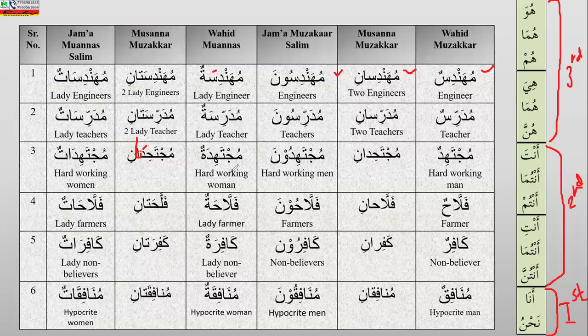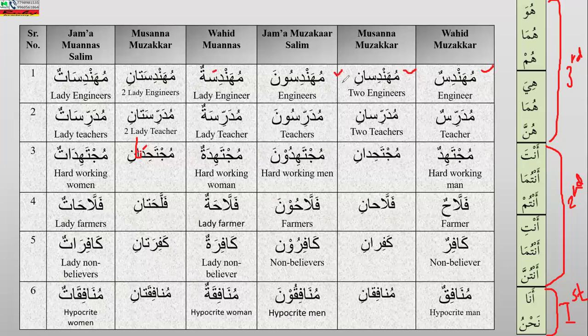Anti mujtahidatun, antuma mujtahidani, antunna mujtahidatun. Very good. Thank you, sister. Well done. I have a doubt, sister. For ana and nahnu, we don't have dual, right? No, because nahnu is used for both musanna and jama. That means dual and plural.